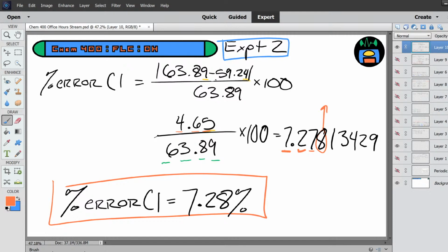Amanda, here's the cool thing. That is a great question. So Amanda asked, is it experimental minus correct or correct minus experimental? It does not matter because you take the absolute value at the end.